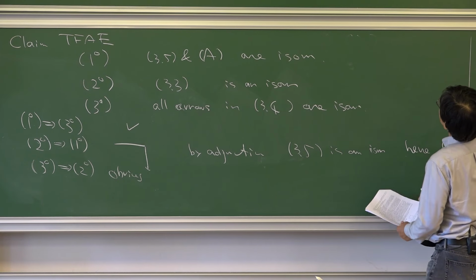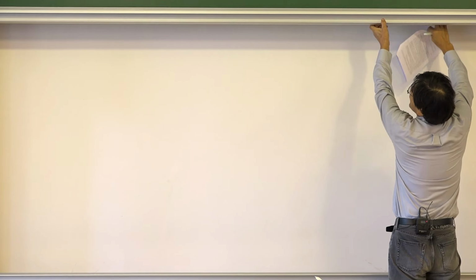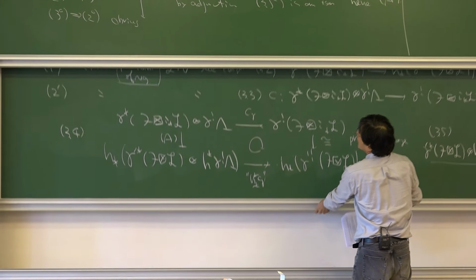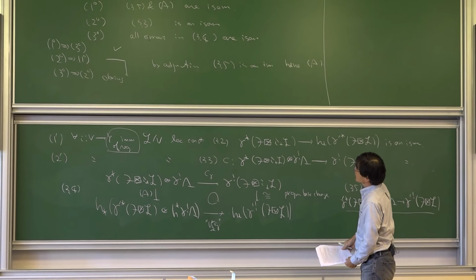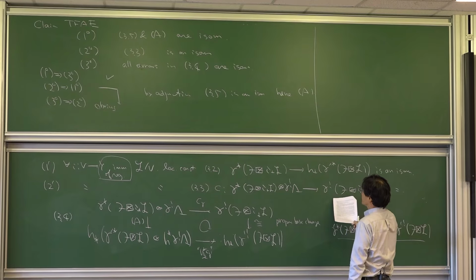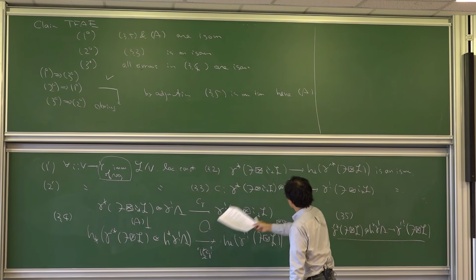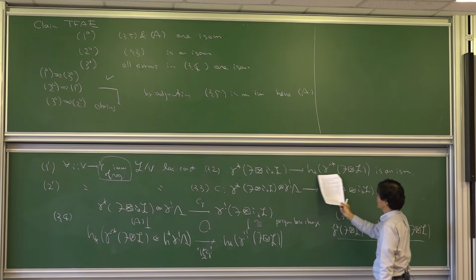So 2 implies 1 means, so 2 says that 3.3 is an isomorphism. Then this A is an isomorphism, and A is an isomorphism means this is an isomorphism.